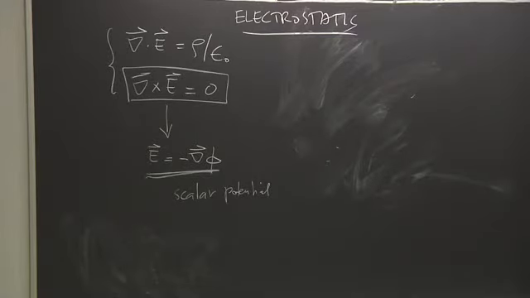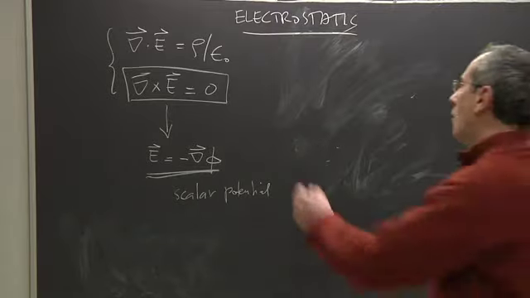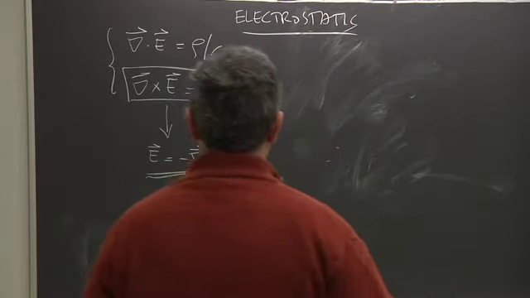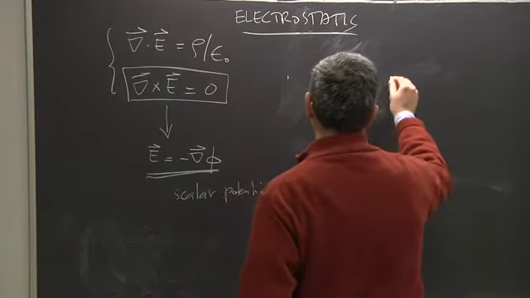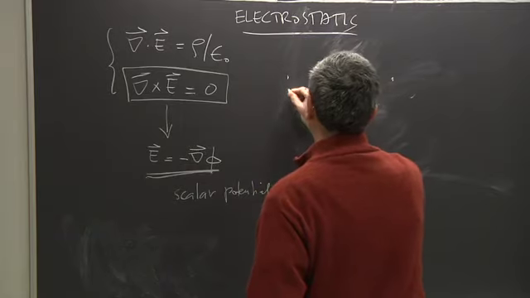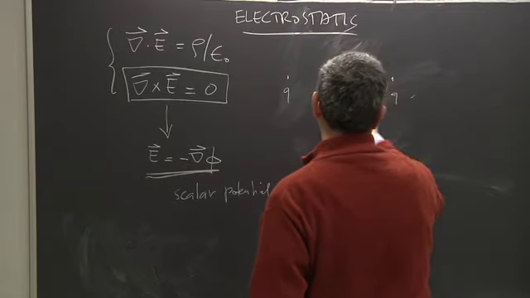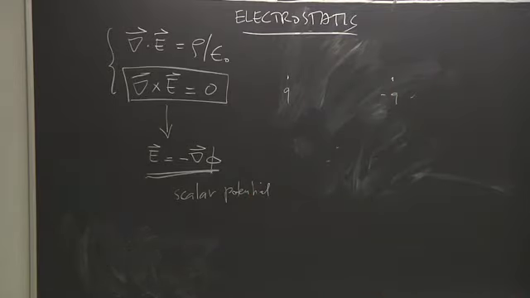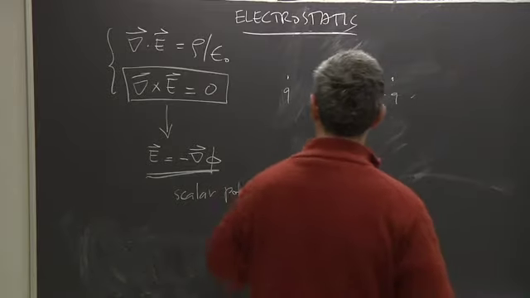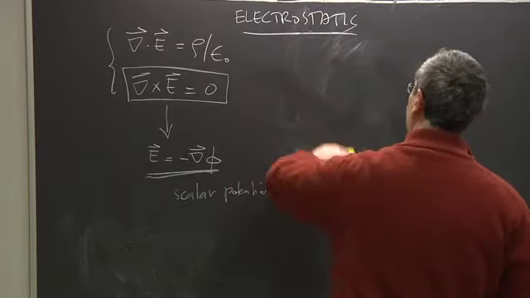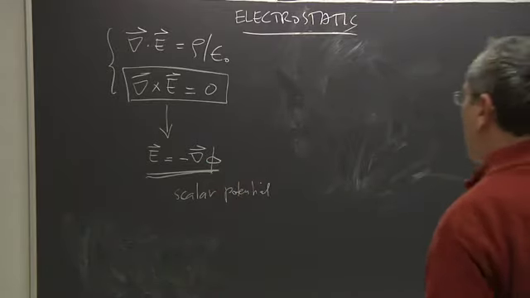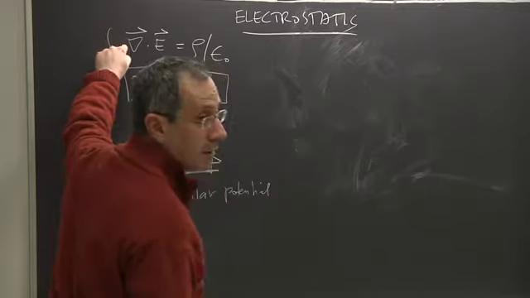So the first thing that we would like to see is that since what we knew about electrostatics is essentially the Coulomb force, that two charges attract and repel each other, in this case they attract with a force that is proportional to the product of the charges and inversely proportional to the square of the distance. So how is this information encoded in these equations? I mean, they look very different. How is this information encoded here, right?